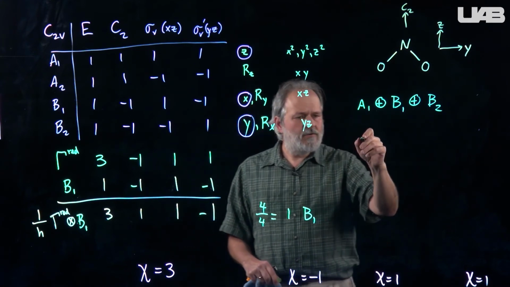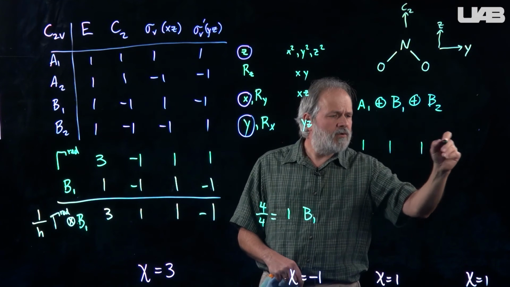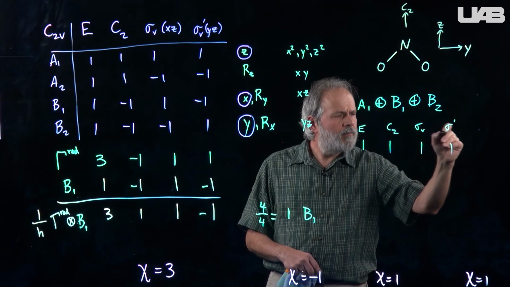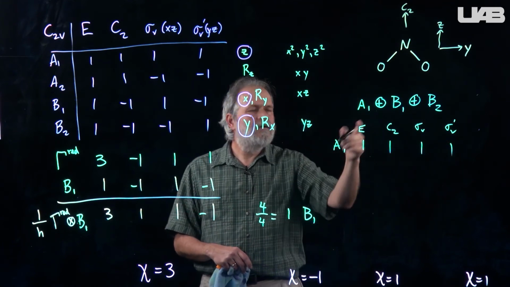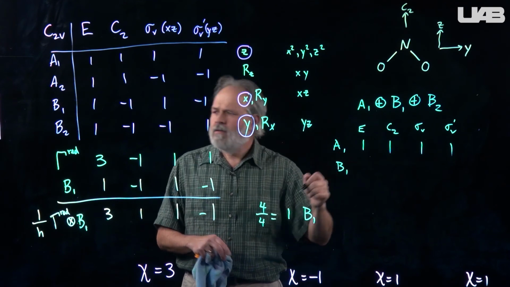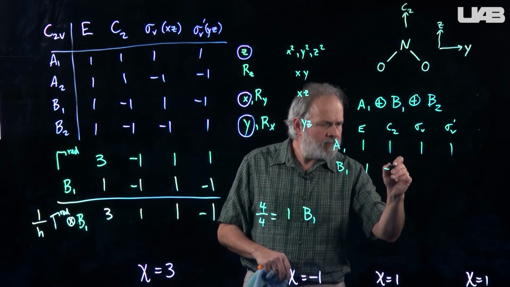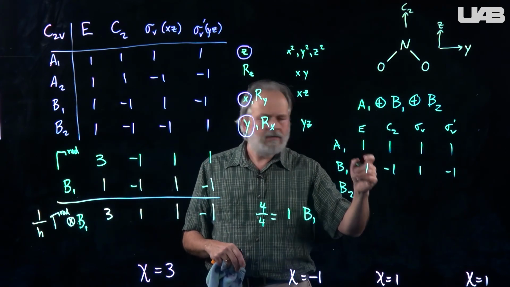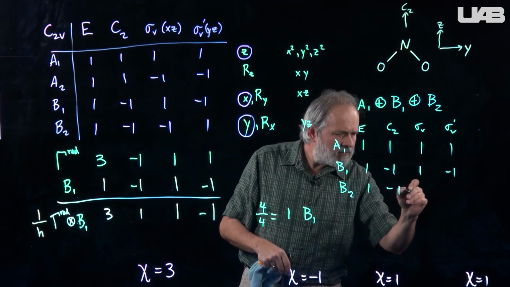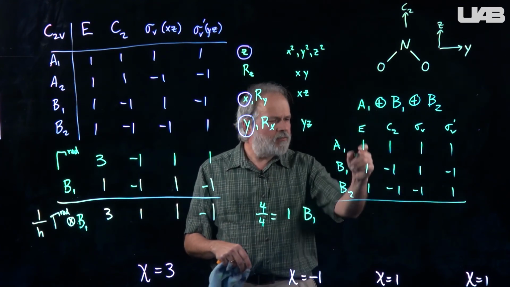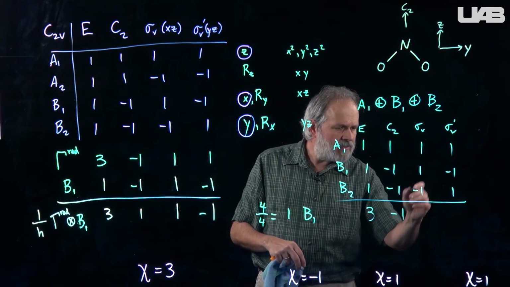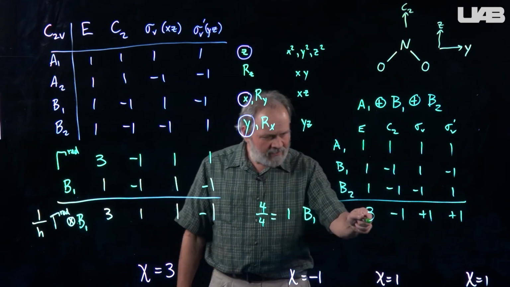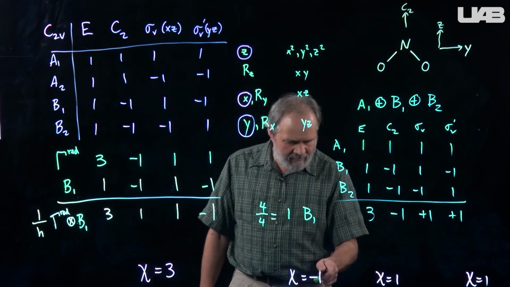So 1, 1, 1, 1 for E, C2, sigma, sigma prime. This is the A1 line. I'm going to add the B1 line, which is 1, -1, 1, -1. And I'm going to add the B2 line, 1, -1, -1, 1. Let's add these three up. We get 3, -1, 1, 1. And look at that, it lines up exactly to what we got.